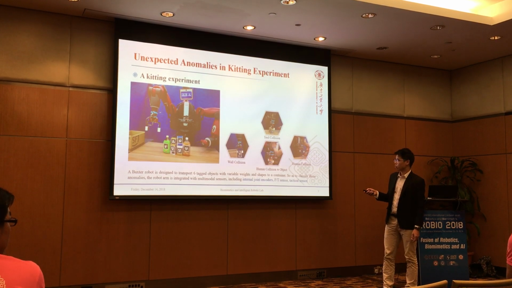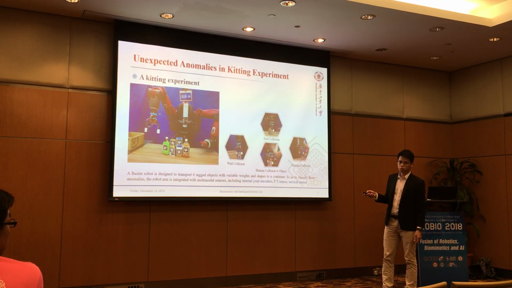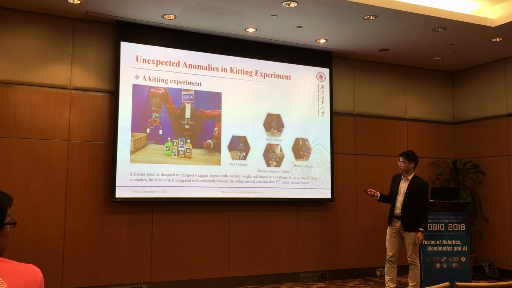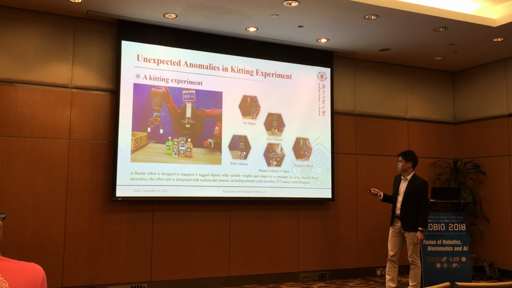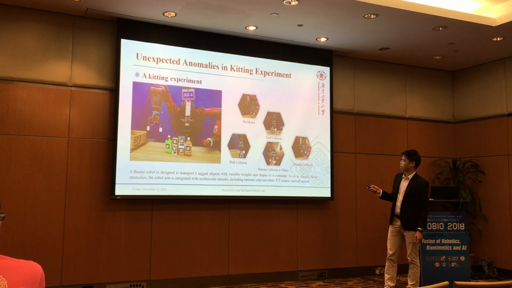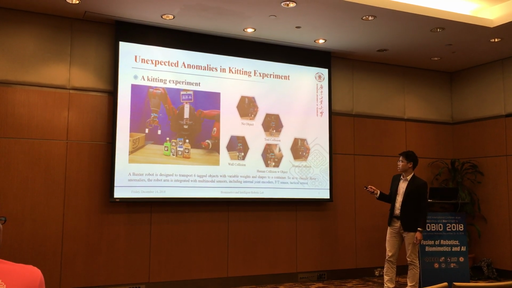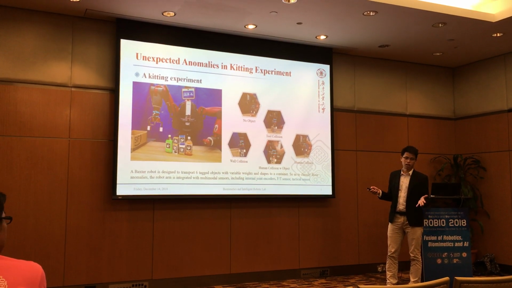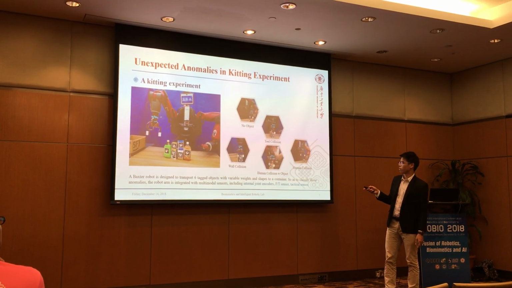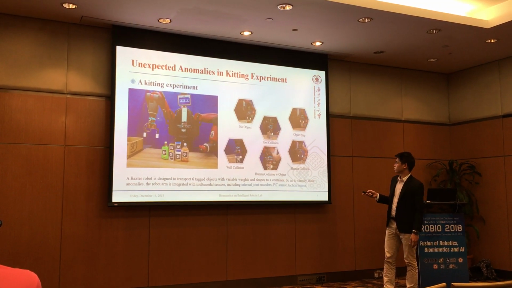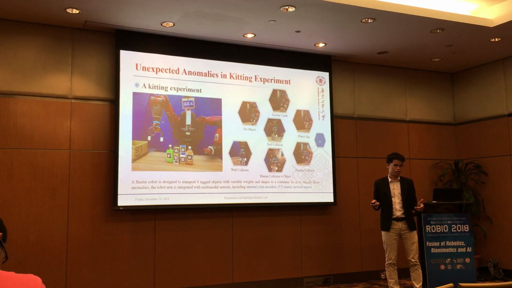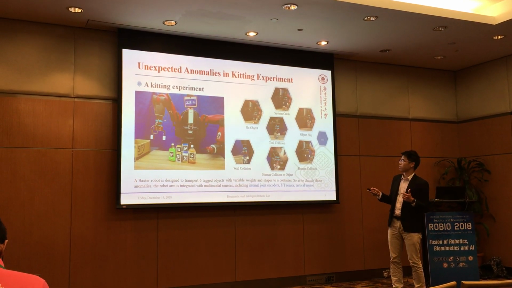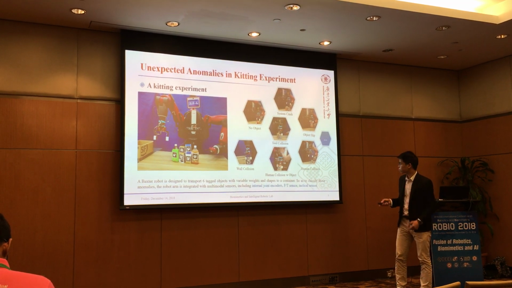If I put the object into the box, we may have a wall collision. Sometimes the object is dropped or some unexpected event happens, so we may have no object. So finally, we have 7 types of anomalies in this kitting experiment.